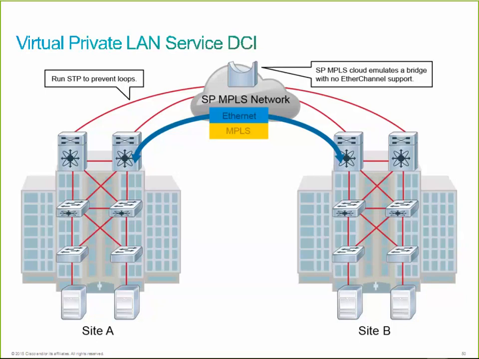So it's actually going to allow us to use MEC on the redundant links across the VPLS as long as both of the switches at the customer sites are in a VPC or a VSS, which would solve that spanning tree problem, right? So that is another piece of technology that allows us to enhance the service that we're running across these DCIs.